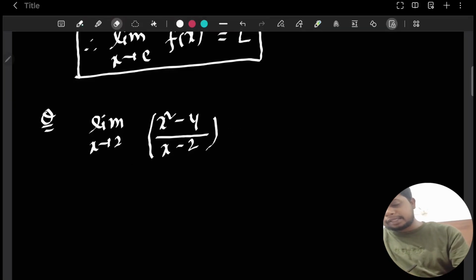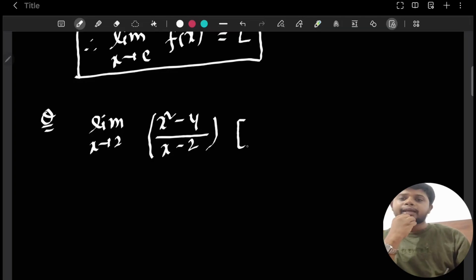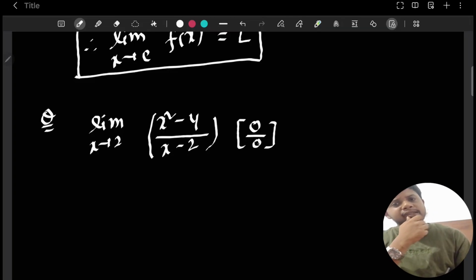But first tell me, if I put 2 in the function, what will I get? You'll say, sir, 2 square minus 4 means 0, 2 minus 2, 0. That means I am getting 0 by 0. Correct. That means it can be 0 plus by 0 plus, 0 minus by 0 plus, 0 minus by 0 minus.